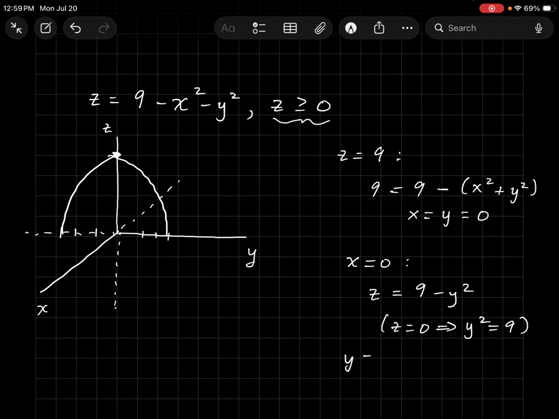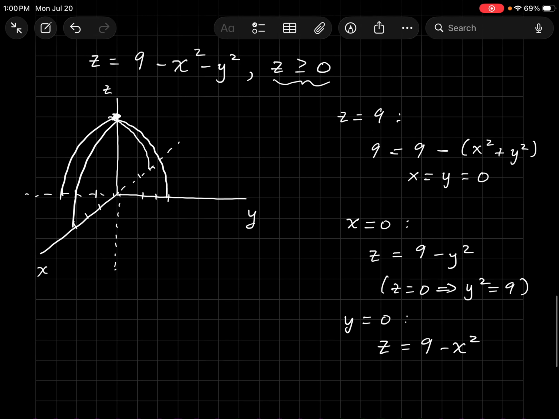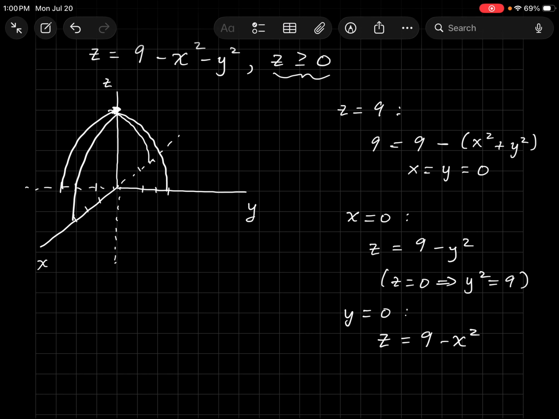Similarly, let's let y equal 0. And of course, that'll give us z equals 9 minus x squared. So we will have a parabola in the xz plane that goes out 3 in that direction. Okay, one more. What if z equals 0?